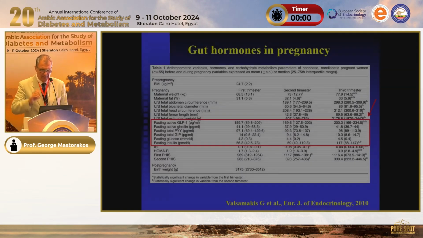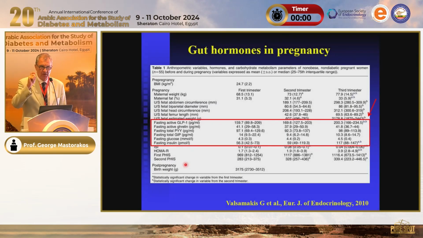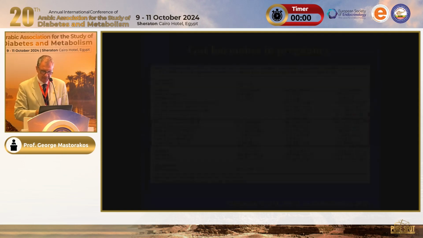And just to add a notion of how the body of the mother tries to respond to the development of insulin resistance, which might produce gestational diabetes, I will show you what we found regarding the amounts of GLP-1, the natural and inherent GLP-1 of the mother, which increase at the third trimester.